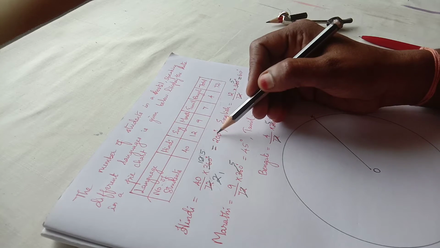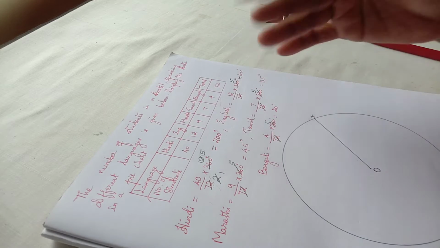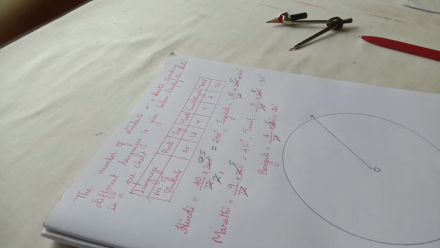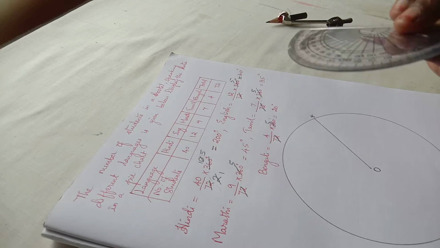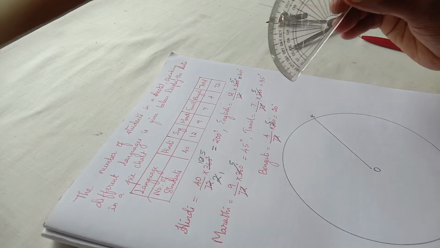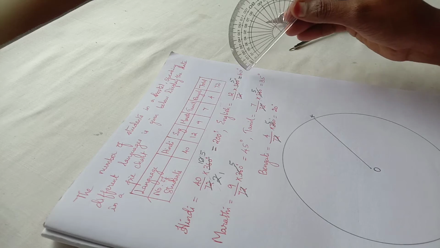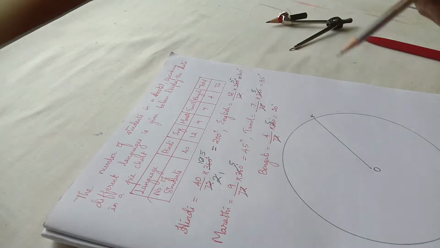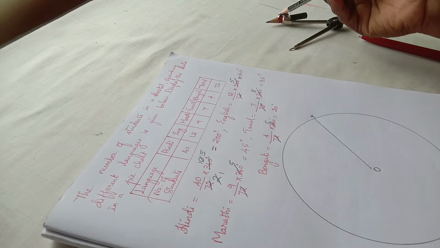Now first we are going to construct an angle of 200 degree, or otherwise we can take any angle. In a protractor there is only 180, so how can we construct 200? Either you can start from 200, or otherwise by completing the remaining angles 60, 35, 20, 45, the final angle can remain as 200.